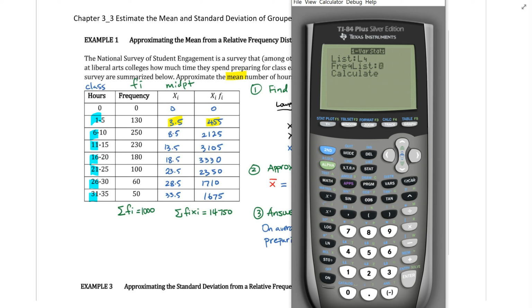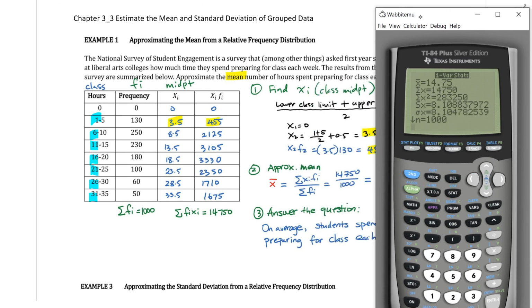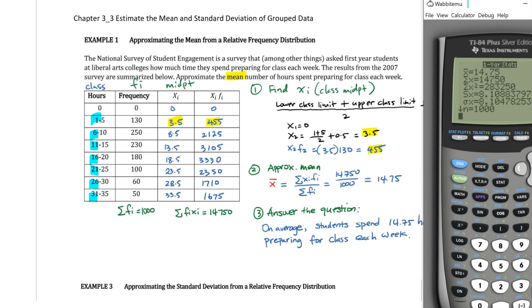Again, you're basically telling your calculator where your lists are. L4 is my class midpoint, which is xi. L3 is my frequency. Once I've done that, I just press enter, enter, and enter. Now note that I found my average to be 14.75, and that's exactly what we got in class.